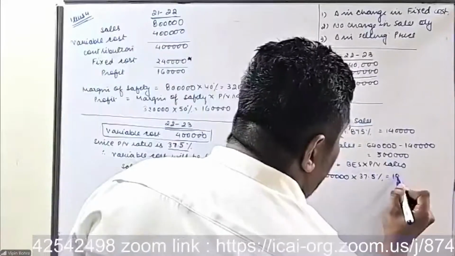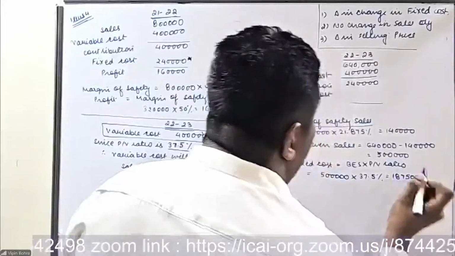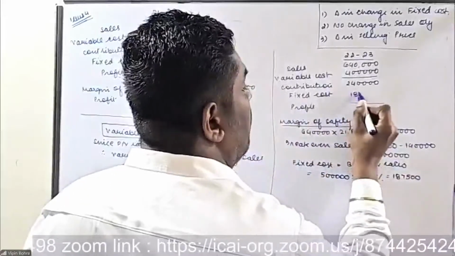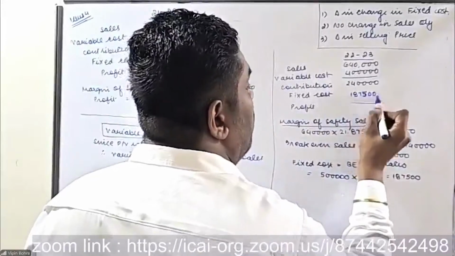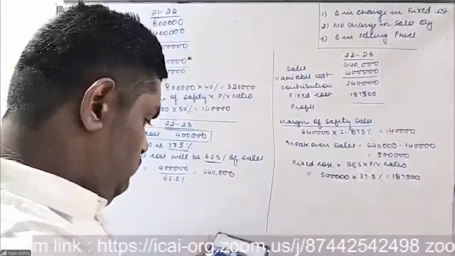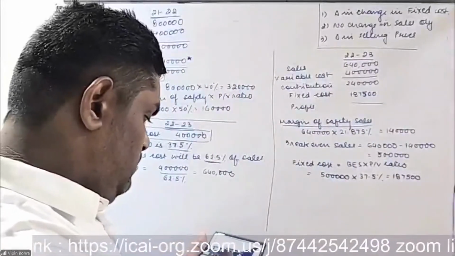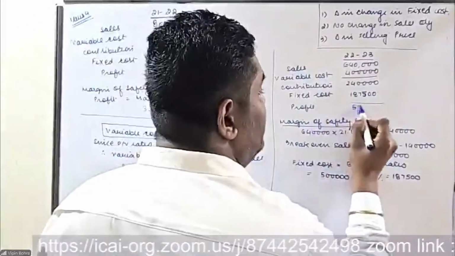That is 1,87,500. So my profit will be 52,500.